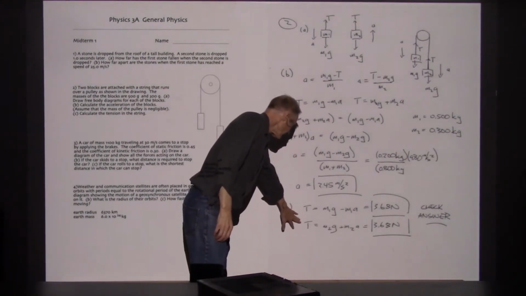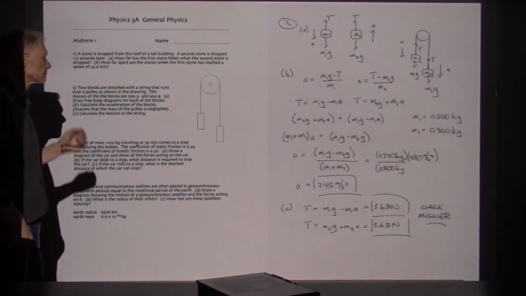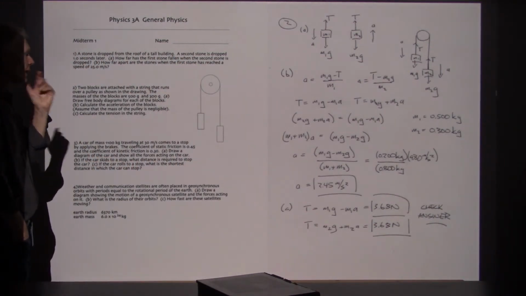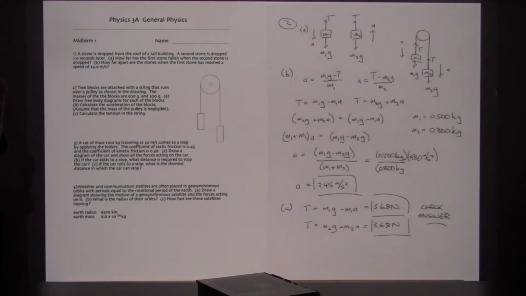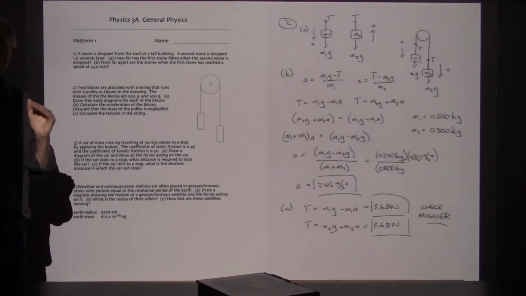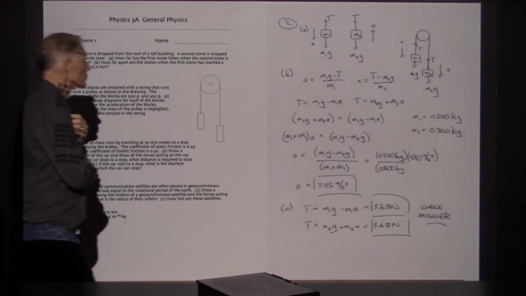I plugged numbers in, and I ended up with 3.68 newtons for each of these. So the numbers that I ended up with worked out, they checked. I ended up with the same number on each one of those.